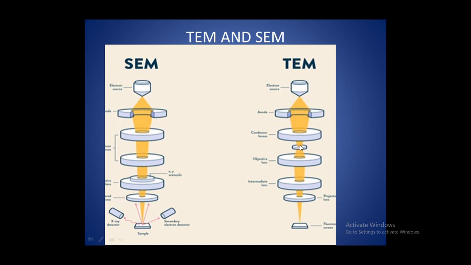This basically allows us to see thin sections of a specimen, especially if you want to see what is inside the cells. So the transmission electron microscope is a better idea in that case, and it also has a better resolution compared to the scanning electron microscope.